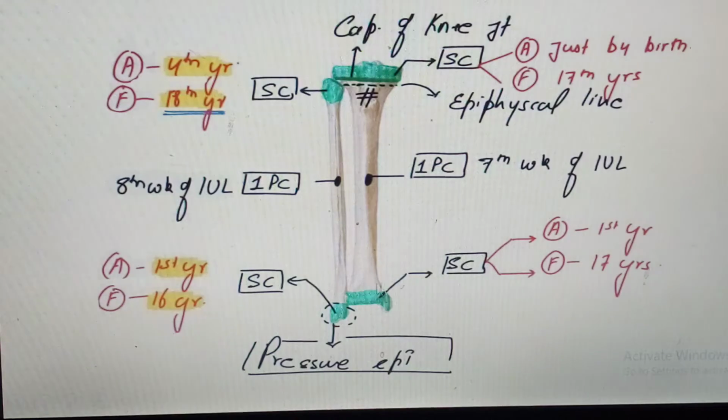Then one at the distal end, including its medial malleolus, will appear around the first year, and it will fuse around age 17 of postnatal life.